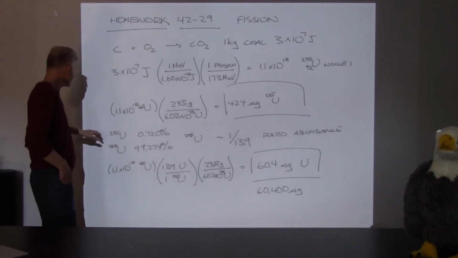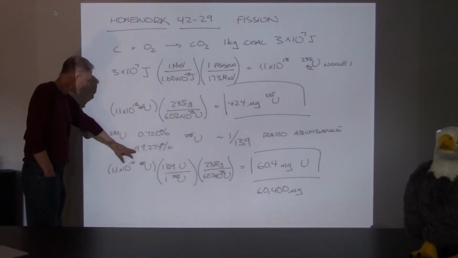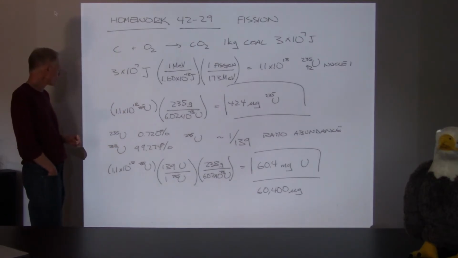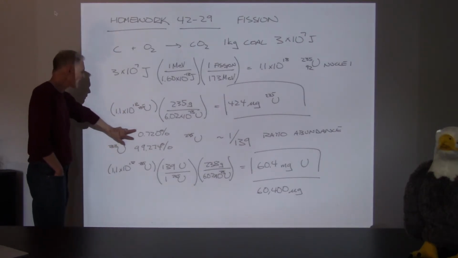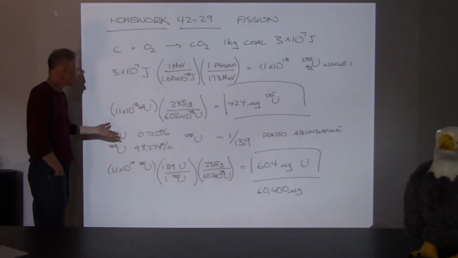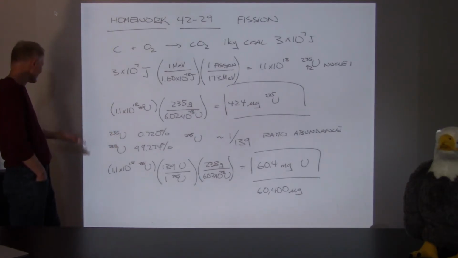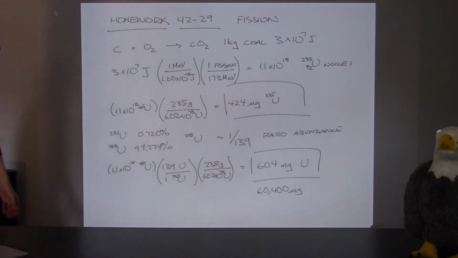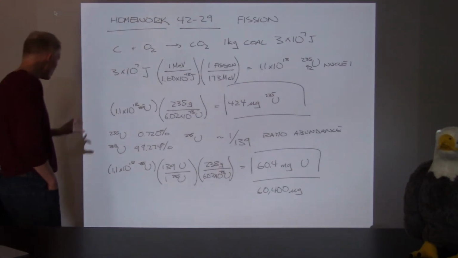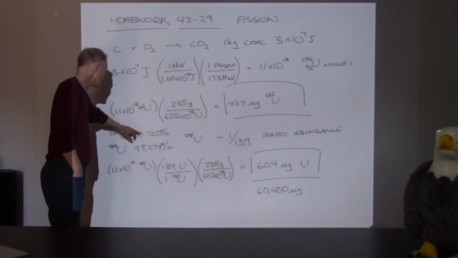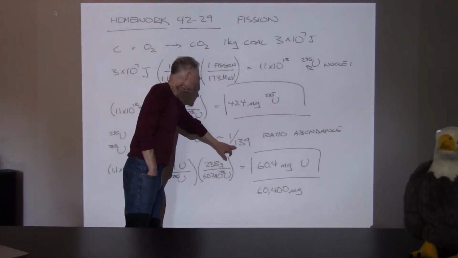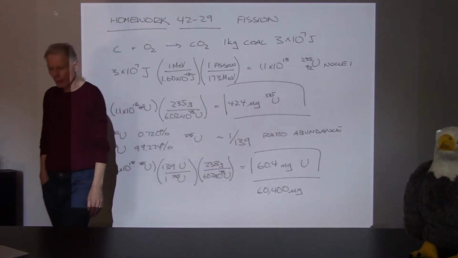Uranium-238 is the really common isotope, about 99.3%, and uranium-235 is almost the entire remaining portion. There's one more isotope in there with a really low abundance. Inverting this number says that uranium-235 makes up about 1 out of every 139 uraniums.